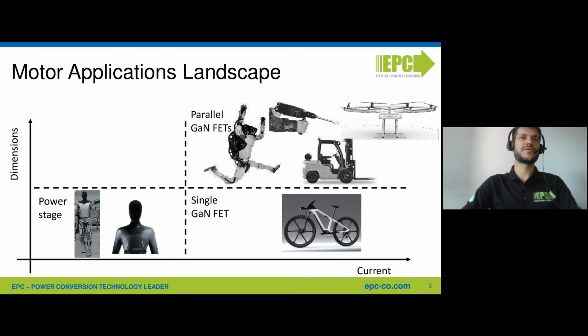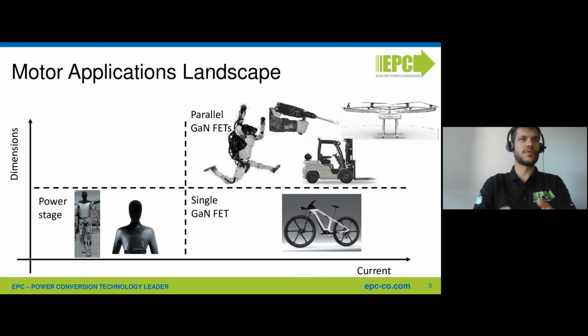So when we have a small current and the motor and the inverter needs to be a small dimension, well, that is the land of the power stage. Gallium nitride technology allows to realize completely monolithic integrated circuits that have digital inputs and power outputs without the need of an external gate driver, and has some additional logic inside.